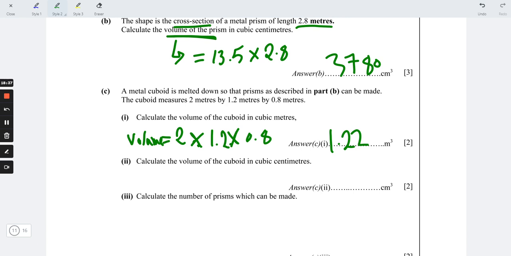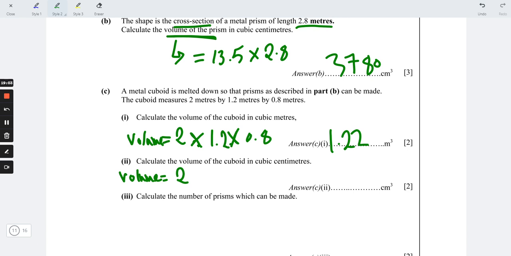Now calculate the volume of the cuboid in cubic centimeters. You have to change each length from meters to centimeters. 1 meter is 100 centimeters.